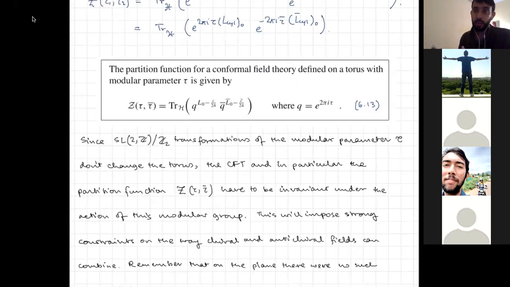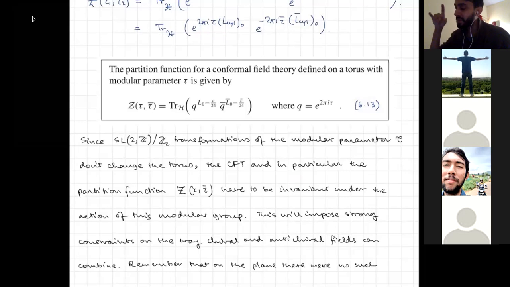We will see in the remainder of this lecture that this is going to constrain the way you can put chiral and anti-chiral fields in this CFT. This is a feature that was not there on the plane, where you just separate out left-moving and right-moving sectors and bring them together at the end of the day.